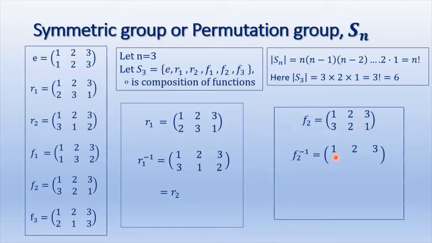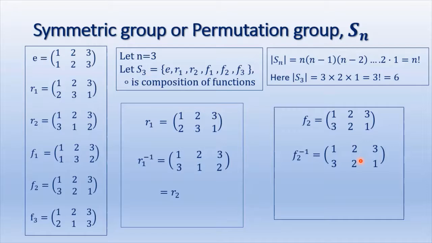That is, you find the pre-image of 1, not in this direction. When you are seeing in this top to bottom direction, it is the image. When you are seeing from bottom to top, then it is the pre-image. So the pre-image of 1 is 3. So you write 3 here. Similarly, the pre-image of 2 is 2. The pre-image of 3 is 1.